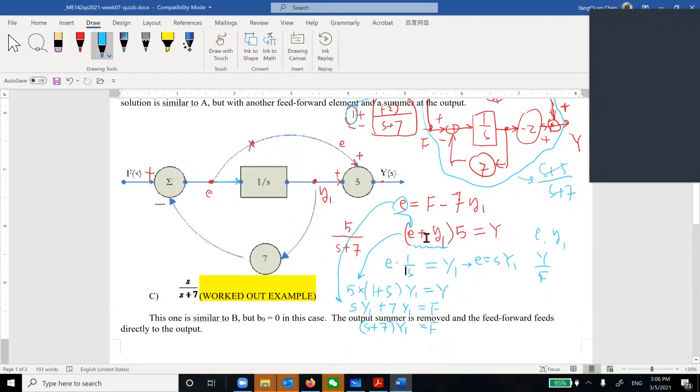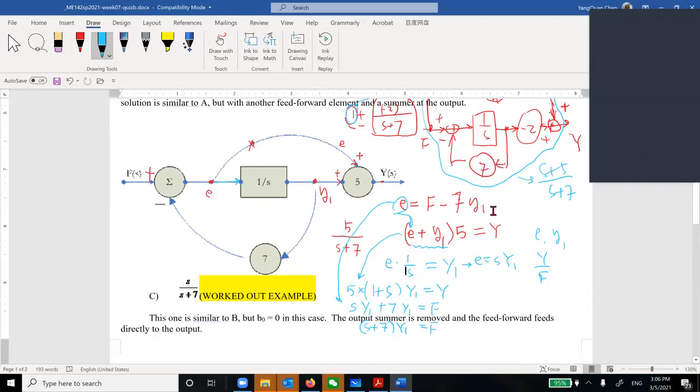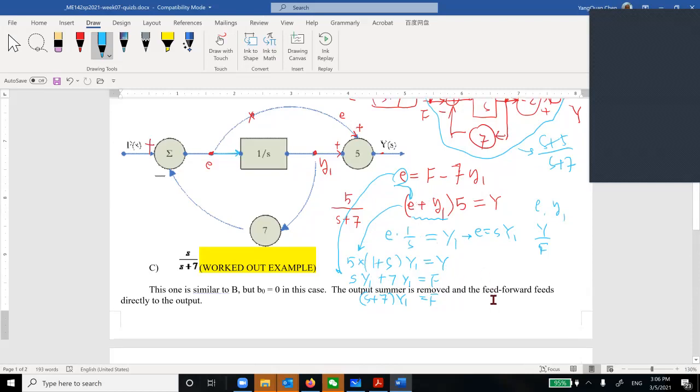E is, let me double check. E is F minus 7 y1, while E times 1 of S is y1. So E is y1 times S. So I replace this one here. I have S y1, so times 5 is y. Okay, sounds good.